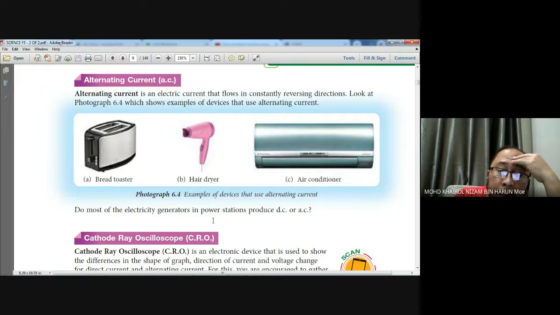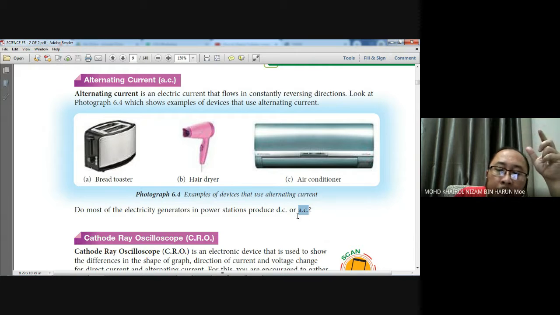Okay, so what we can say is electricity from the generators in power station will produce alternating current, in which the current that comes from the power station will reverse back, coming back to the power station itself through the circle of the wire.